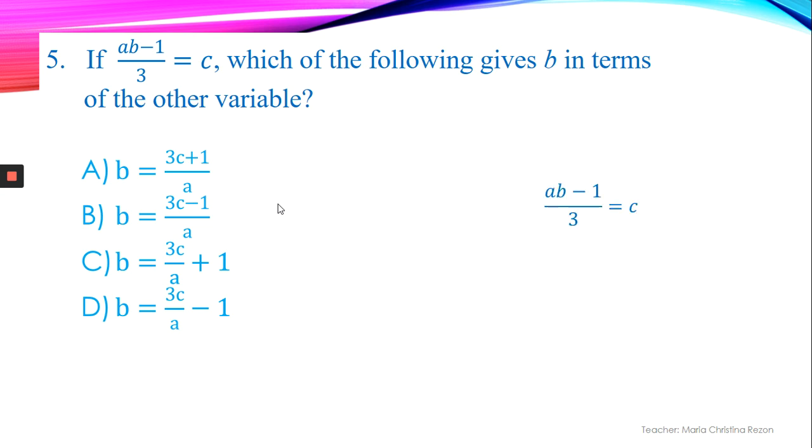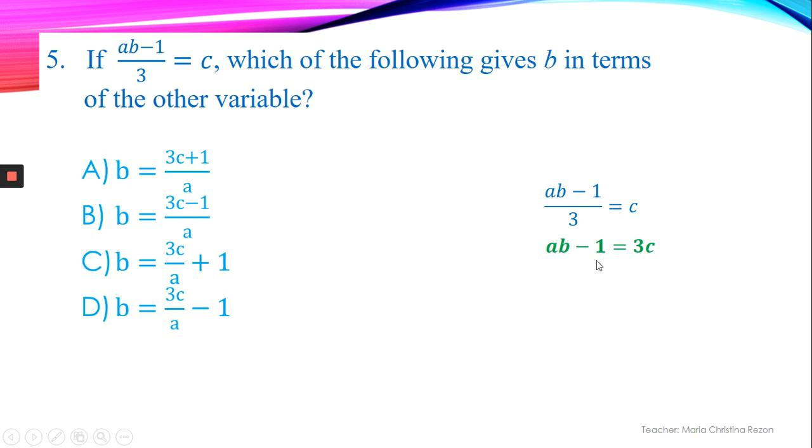So let's have (AB minus 1) over 3 is equal to C. By cross multiplication, you multiply 3 and C, so you will have AB minus 1 is equal to 3C. Then add 1 to both sides of your equation so that we can eliminate this.